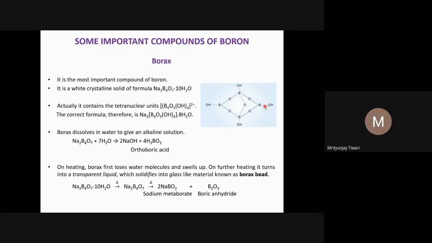Now, if you want to make another bond, it can be formed only if O minus donates its lone pair of electrons to this boron. This is actually O minus, O double minus, O2 minus, that is oxide. It is giving one of its electrons to this boron and one to that boron.